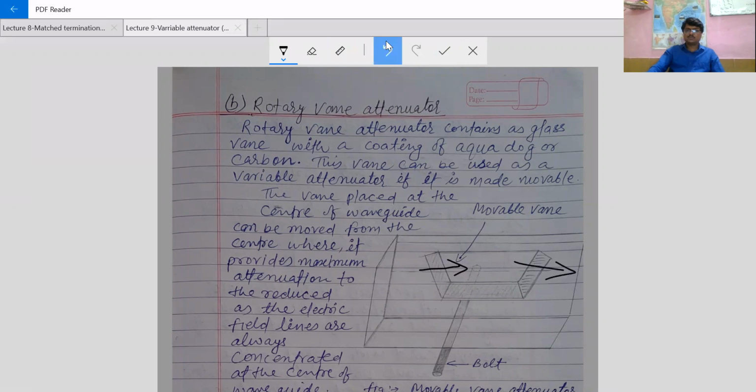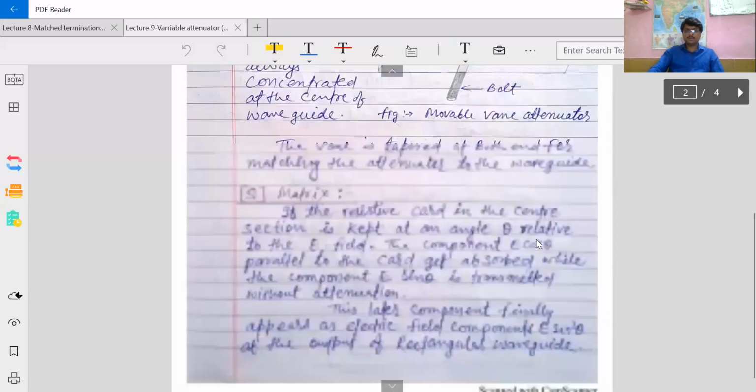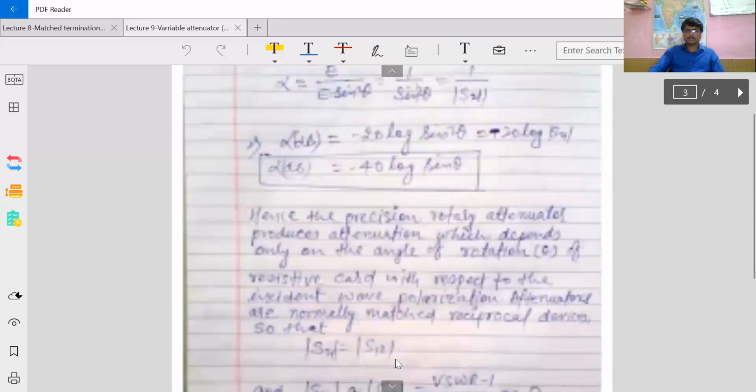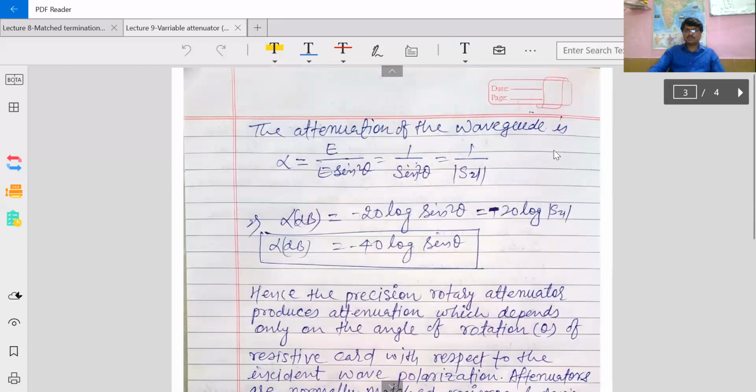Okay, so what will happen, this latter component finally appears as electric field component E sin theta at the output of the rectangular waveguide. The attenuation of the waveguide is given by this one. E is the input power and E sin square theta is the output power.